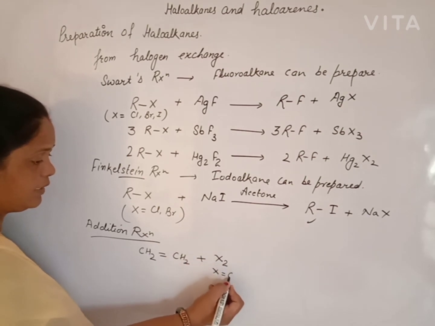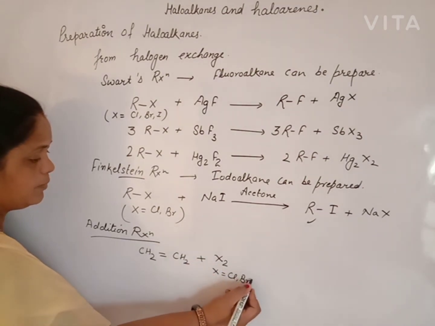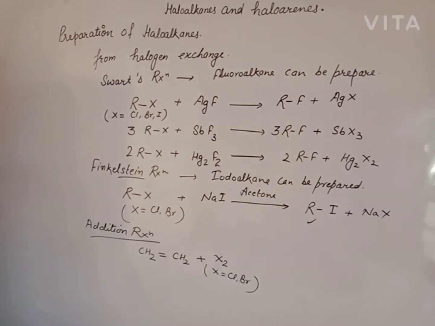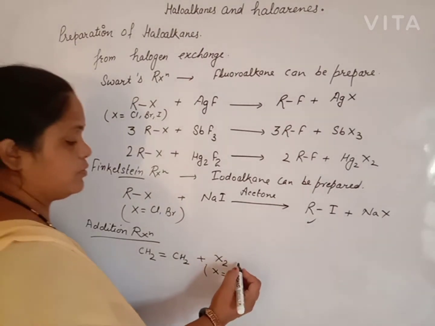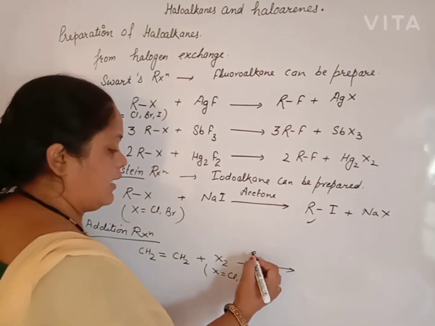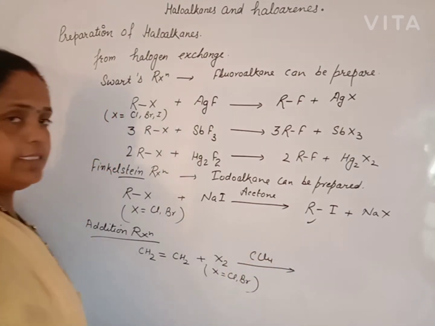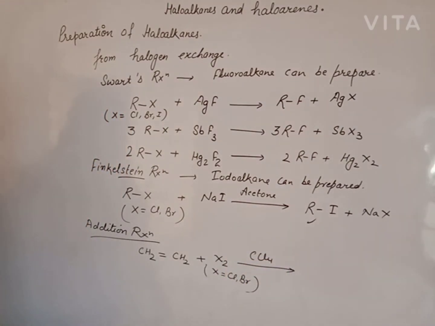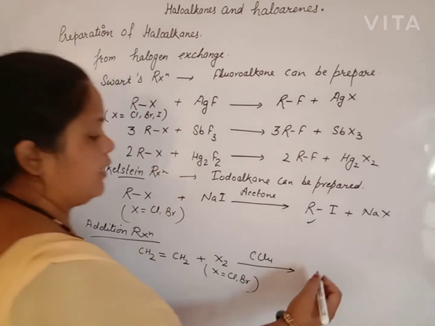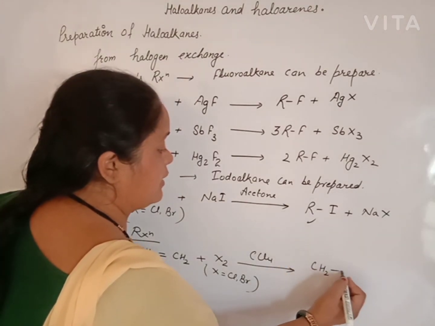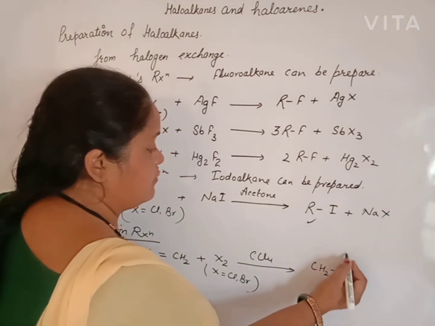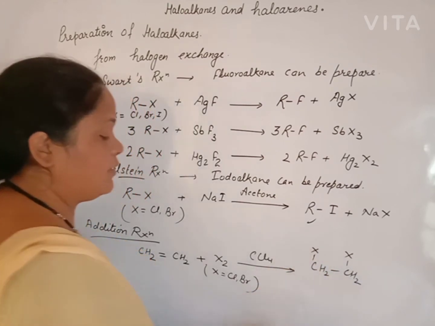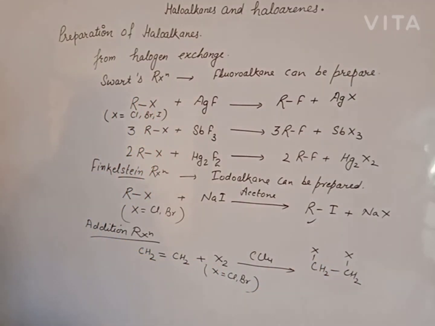X may be chlorine, may be bromine, iodine also, but chlorine and bromine most commonly. You will get addition reaction. Addition reaction takes place in CCl4 solvent and we will get dihaloalkane. All the components will be added. That is known as addition reaction.